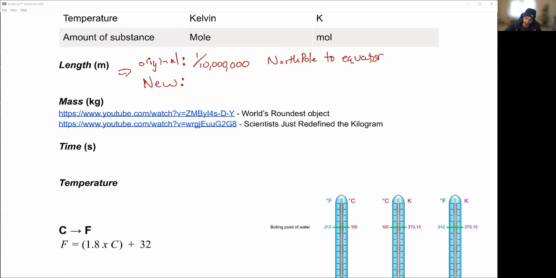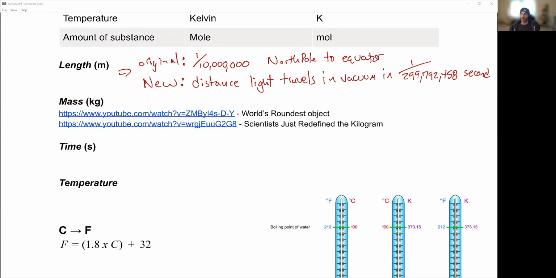That definition is the distance that light travels, in vacuum, in 1/299,792,458 of a second.